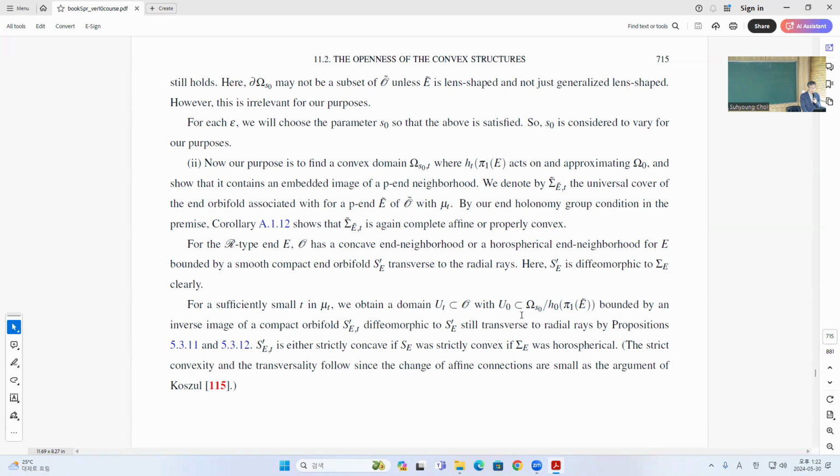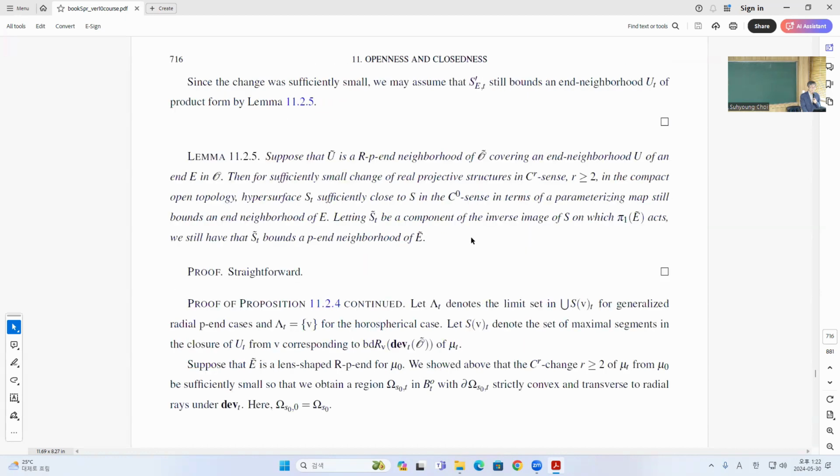So we obtain these domains, these compact orbifolds. The quotient will be a compact orbifold, transverse to the radial rays. Then you can find the compact hypersurface very close to the original hypersurface bounding these end neighborhoods. And again they bound the end neighborhood.